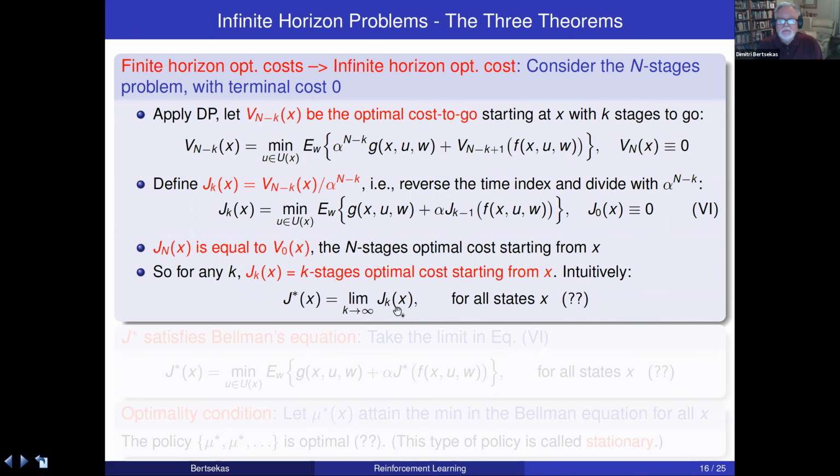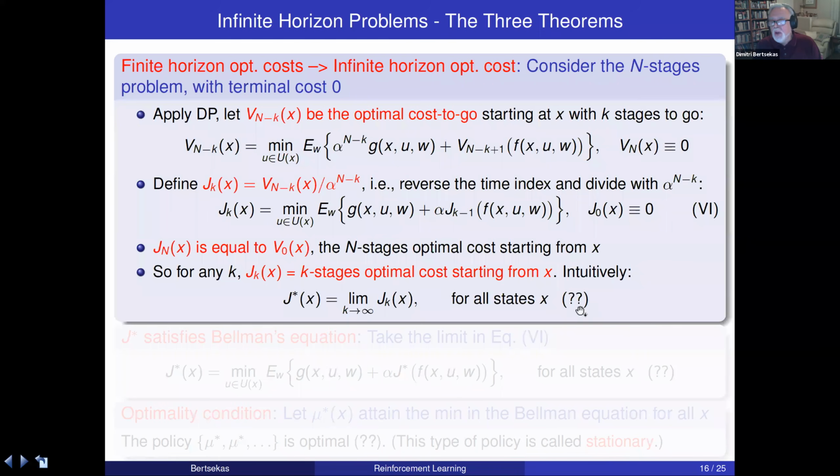And it can be obtained in the limit by this algorithm, which is known as value iteration. It's one of the most fundamental algorithms in dynamic programming. It's really the infinite horizon version of the finite horizon dynamic programming that we have looked at.